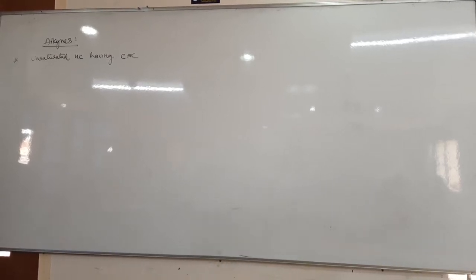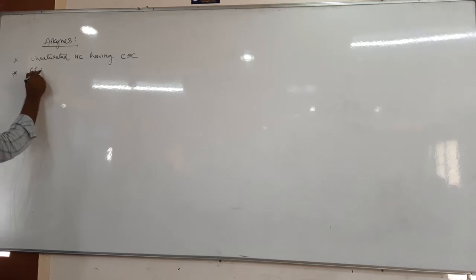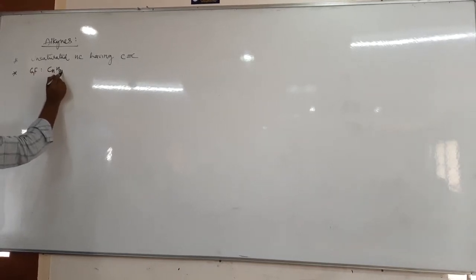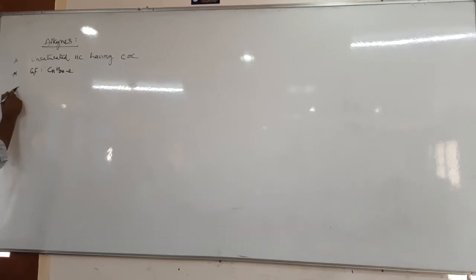Then what is the general formula of alkyne? The general formula is CnH2n minus 2, where n is the number of carbon atoms. Okay, next is the structure of alkyne.